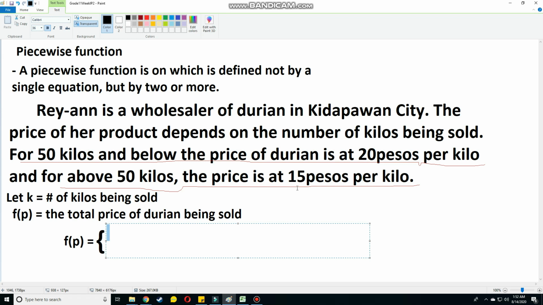So therefore, the constant in the first function, the first equation that we would have, is 20 pesos, which would be the price of the durian per kilo.